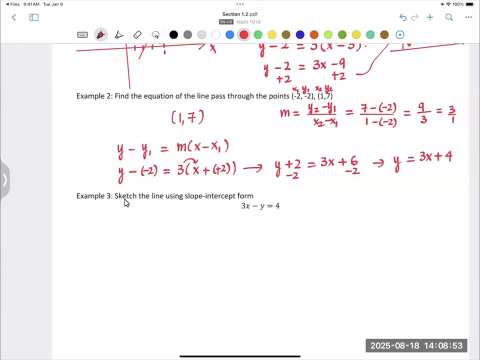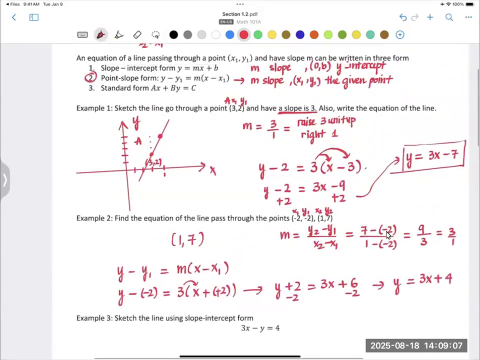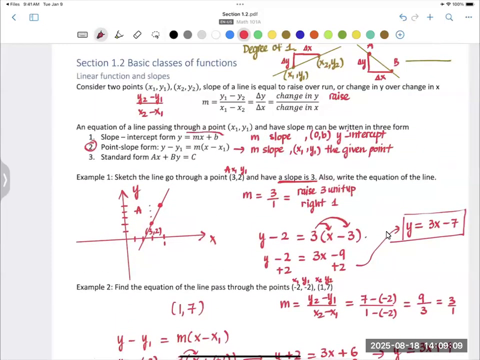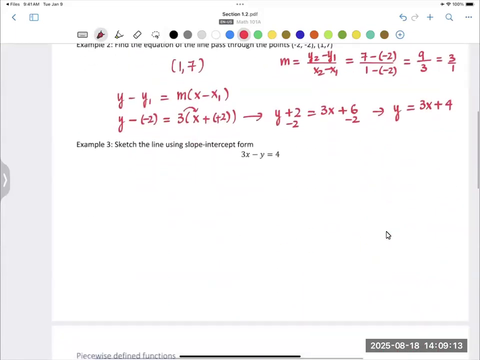Now let's take a look at the last example in this concept. We want to sketch the line using the slope-intercept form. First of all, I will have to write this equation into slope-intercept form. Slope-intercept form is when you have y equals mx plus b, so you need to isolate y. I'm going to isolate y by adding y on both sides.